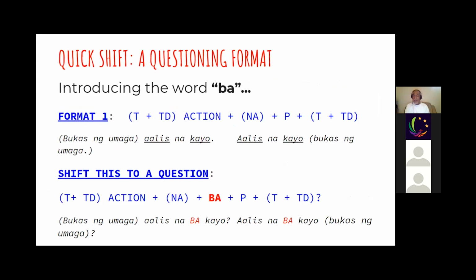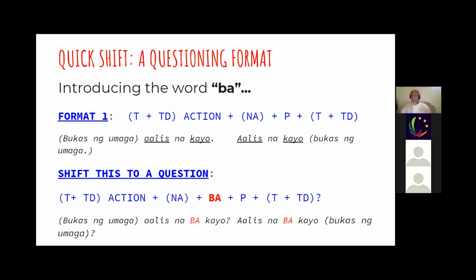The ba. So, you just put the ba after the na. If you have all the pronouns, except for one pronoun, what do you think that is?